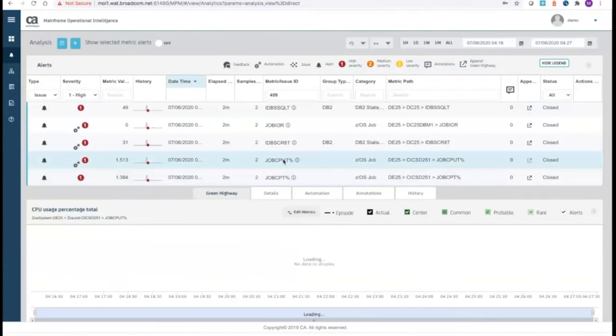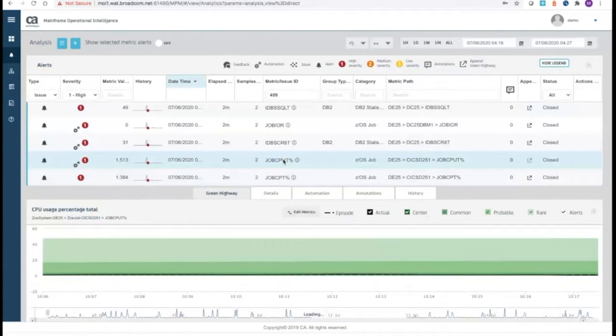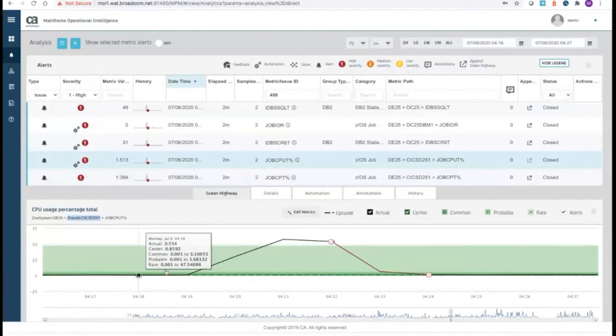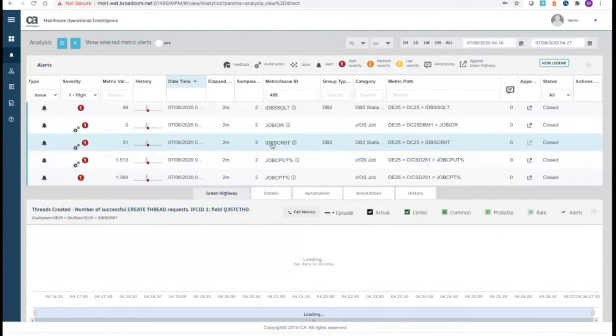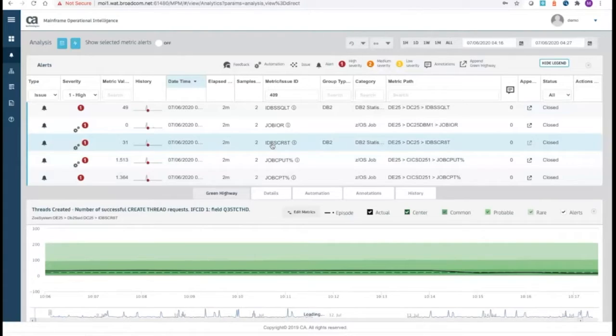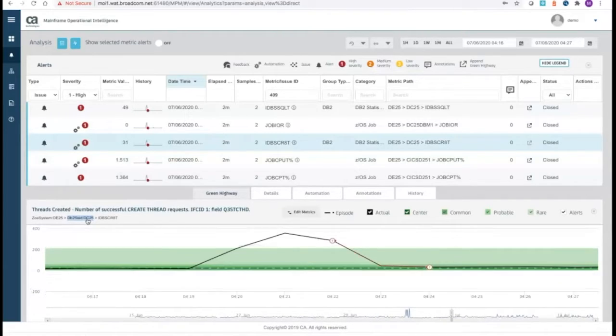The next alert in this issue is talking about the total CPU usage for the same CICS job, and it has also spiked at the very same time. The third member alert of this issue talks about the number of threads created in a DB2 subsystem called DC25, and apparently there is a spike at about the same time.